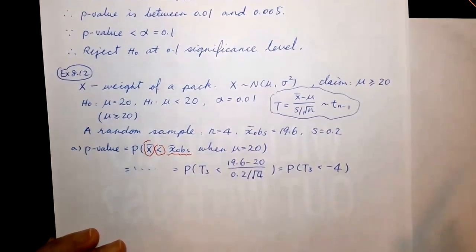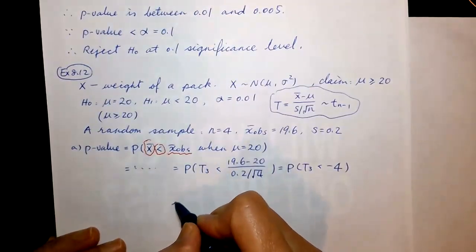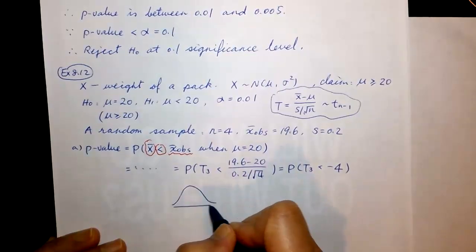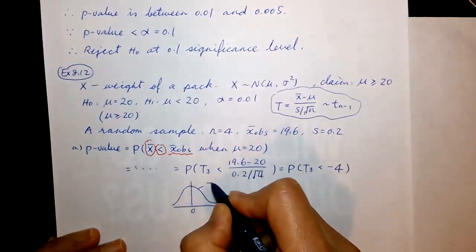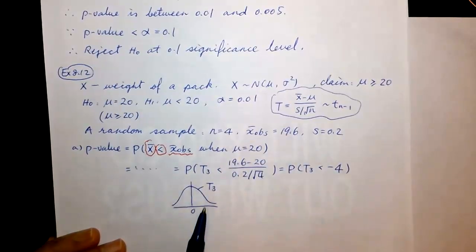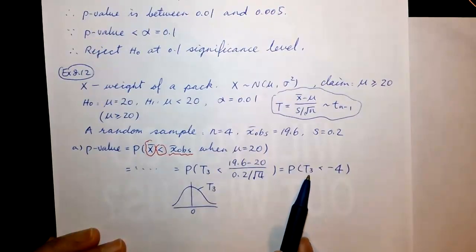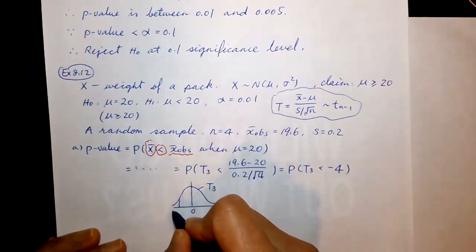Maybe 4 is not on the table. Negative is never on the T table. So what to do? You need to realize that T distribution is symmetrical about 0, no matter what the degrees of freedom is. But we are looking at T, okay, all T values are at the bottom.